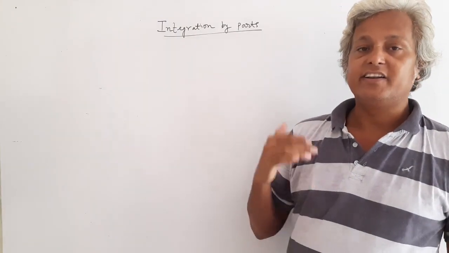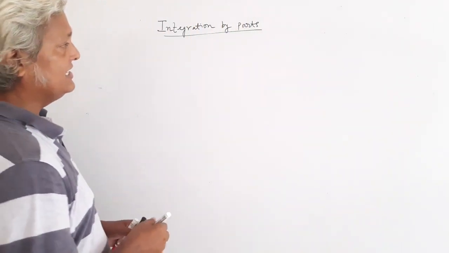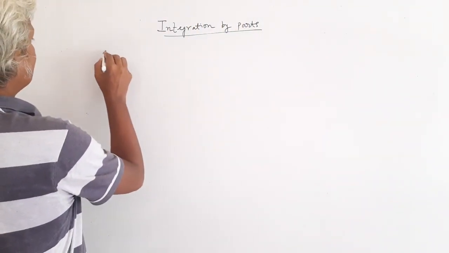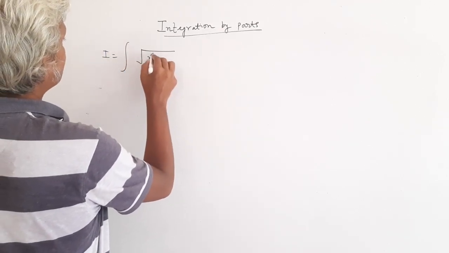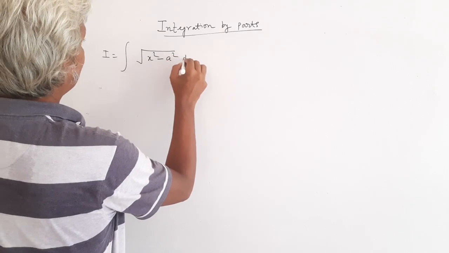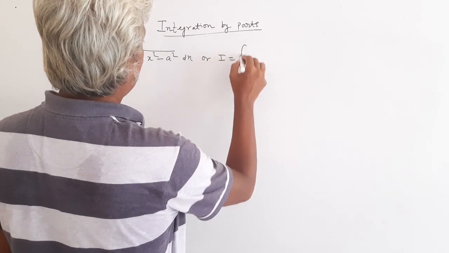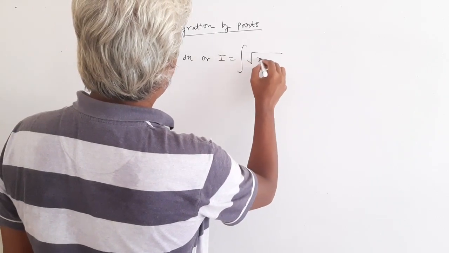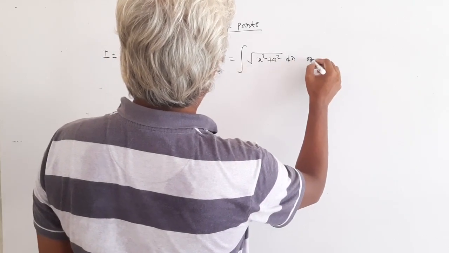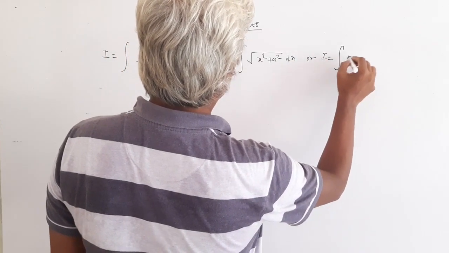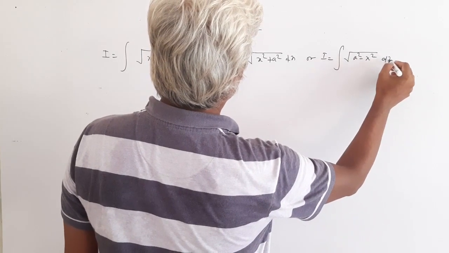Here we'll solve or derive some of the standard forms, and they are unique in their own ways. These forms go like integration of under root x square minus a square dx, or integration of under root x square plus a square dx, or integration of under root a square minus x square dx.